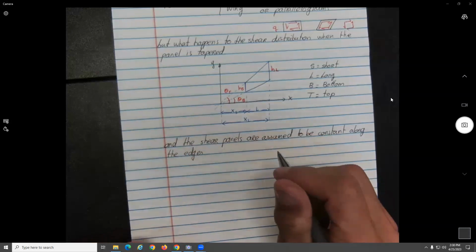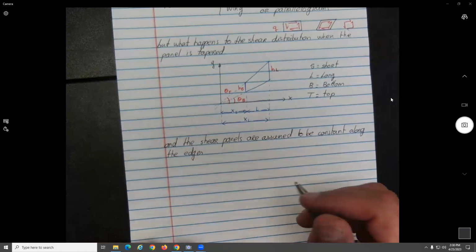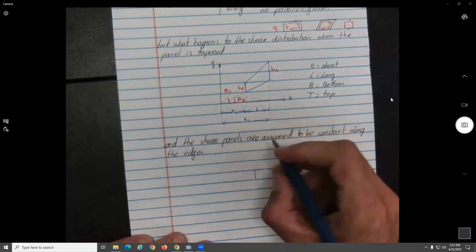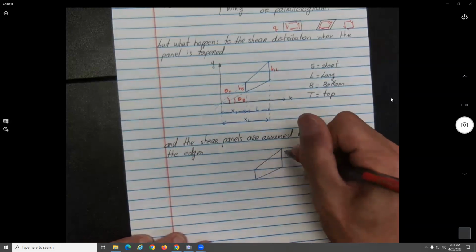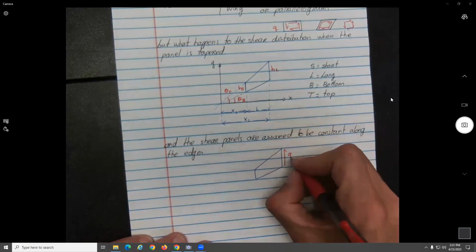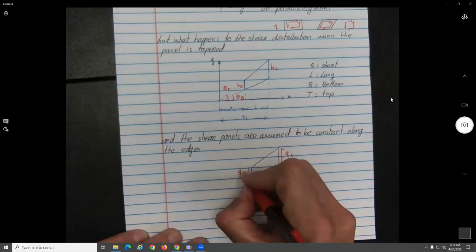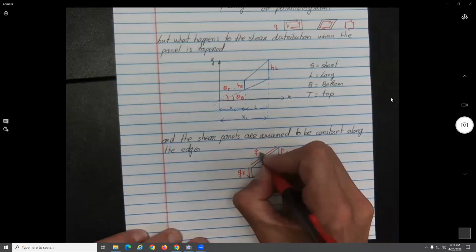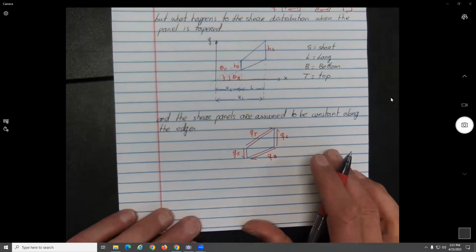So basically what I'm trying to say over here is just that we'll have, I will do the figure here, this at the top. This will be Q long, this will be Q short, this will be Q top, and this would be Q bottom.